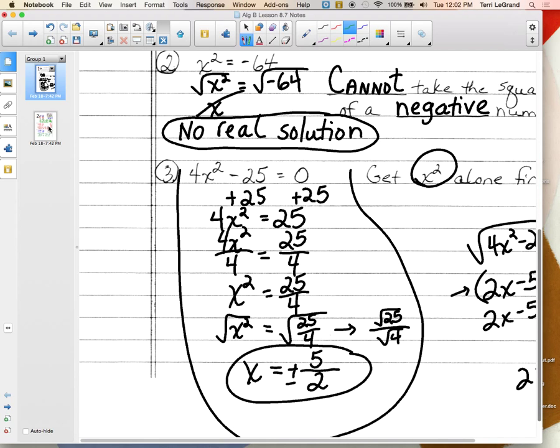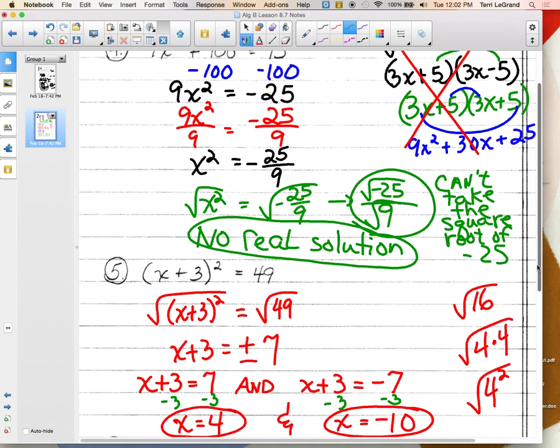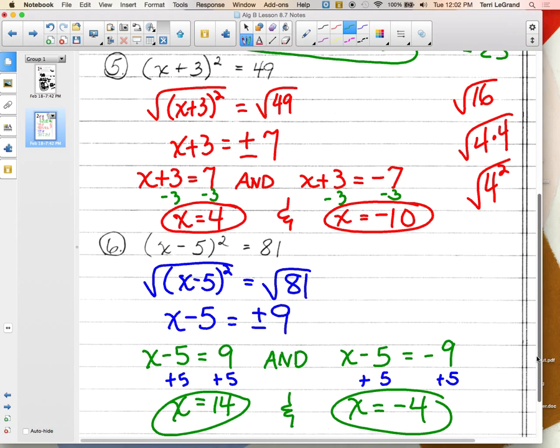Or we look at a problem like 5 and 6 and we see that we have a factor, a binomial, that's getting multiplied by itself. It's being taken to the second power. That means it's being multiplied by itself. So what we're going to do is use the second time it says when you have a factor times itself. This method works well for that also. So we go right to taking the square root of both sides.